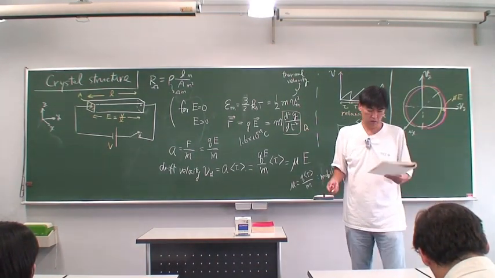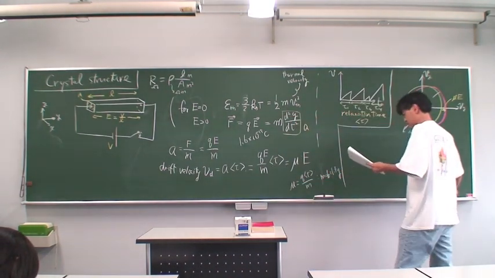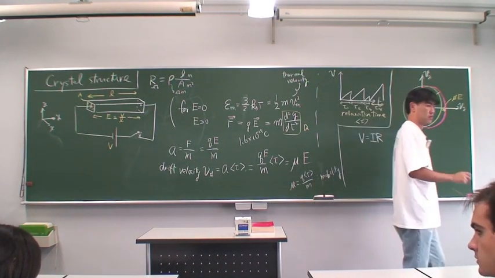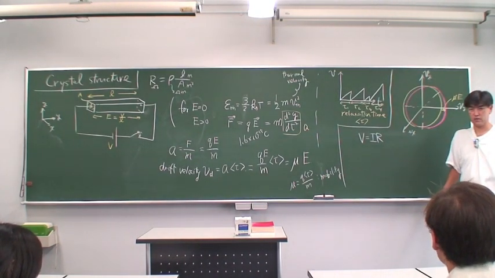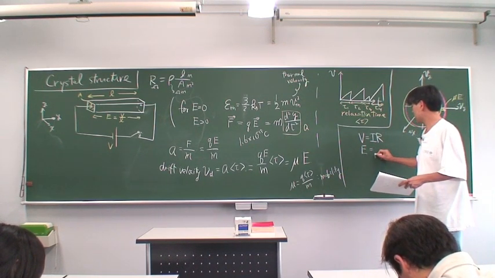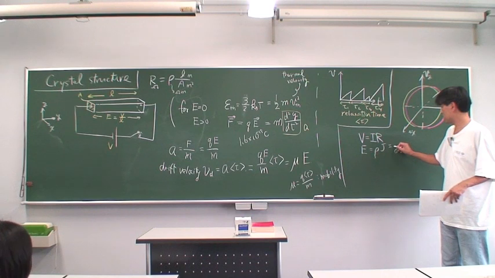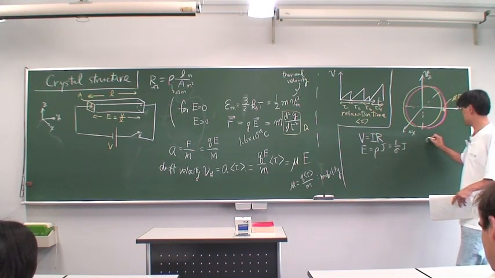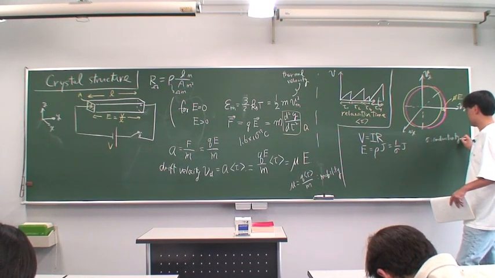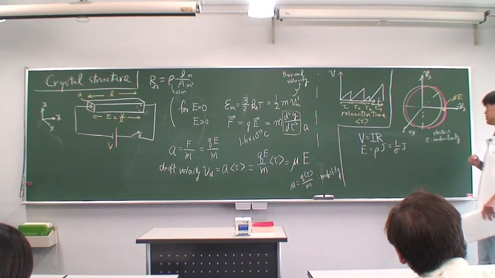Finally, I'm going to talk about Ohm's law. Ohm's law says V equals IR. You've seen it before, right? And then E equals, for example, rho J, or in other words, 1 over sigma times J, where sigma is the conductivity, not thermal, but electric conductivity.